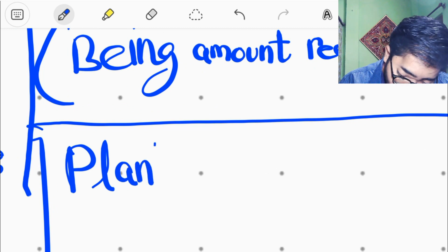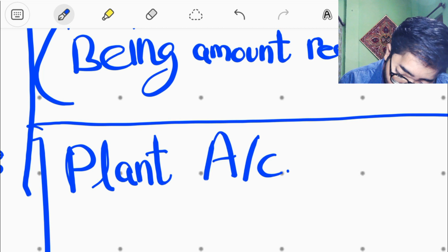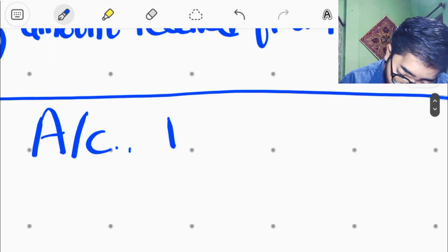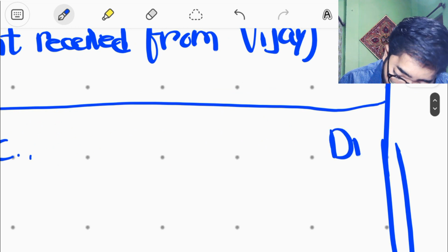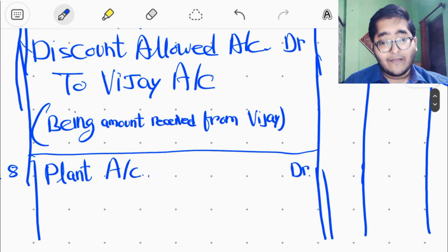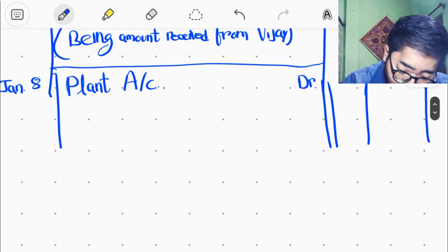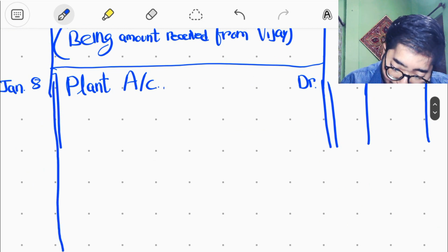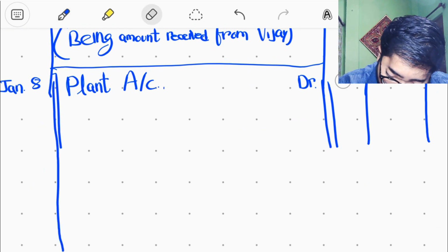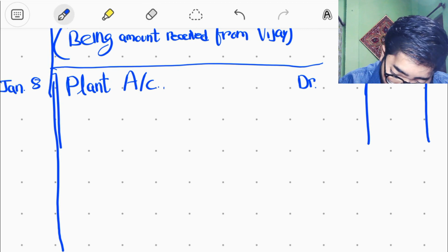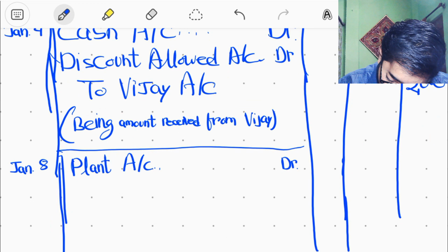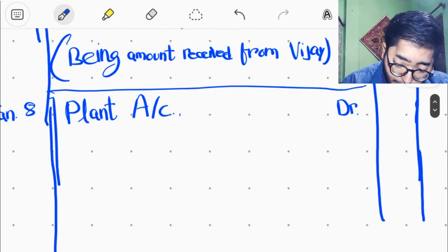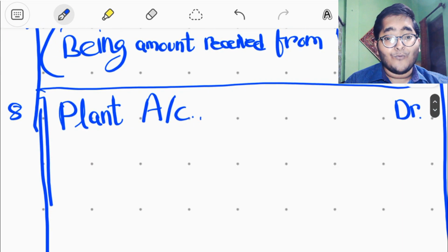Plant account debit. The plant account is debited. Why? Plant is an asset for the business. That is why plant account is debited. Now to Mukesh account.